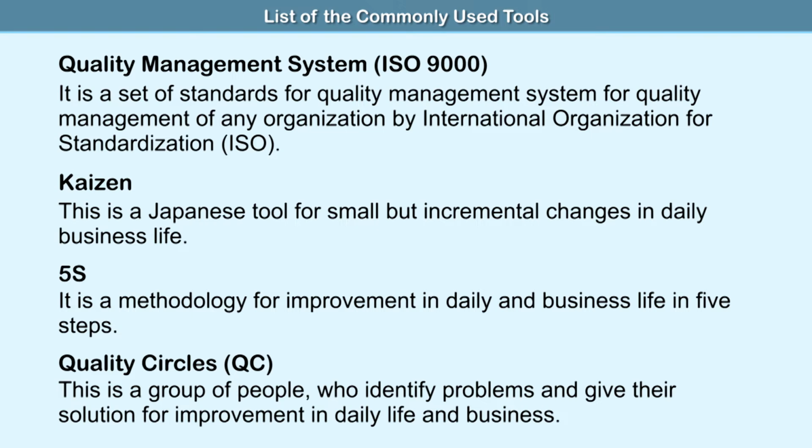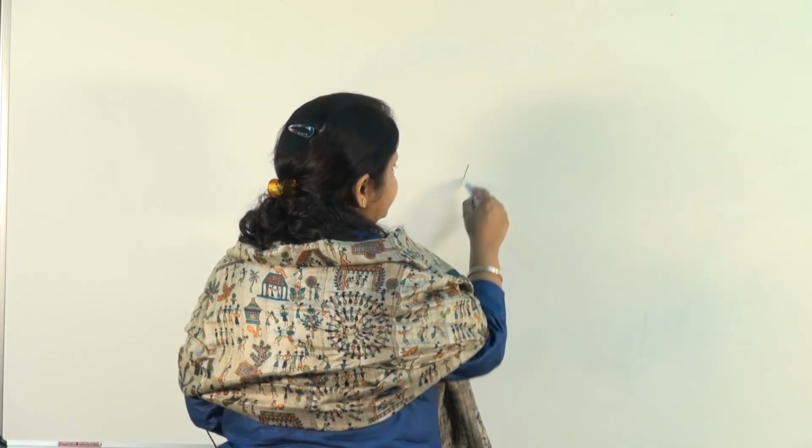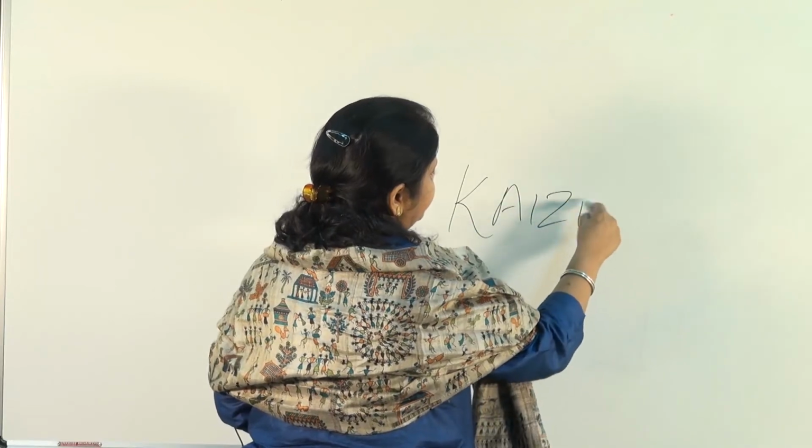Quality circles is a group of people who identify problems and give their solution for improvement in daily life and business. The first tool is Kaizen. The first quality management system is Kaizen, which is a Japanese word.